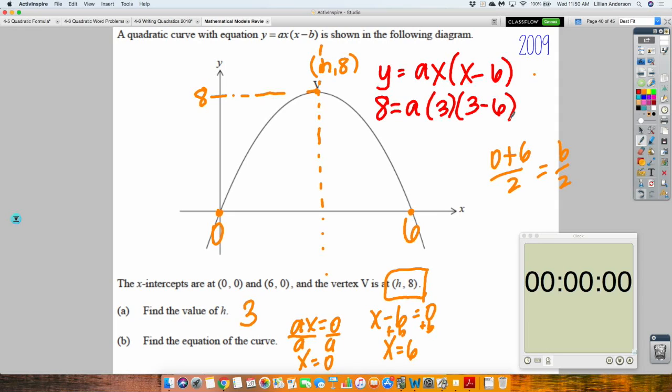And don't forget your order of operations, because I've seen improper ways on the desks already.